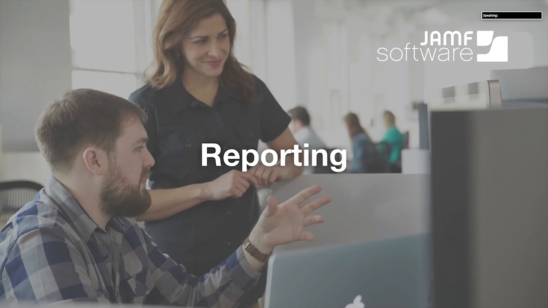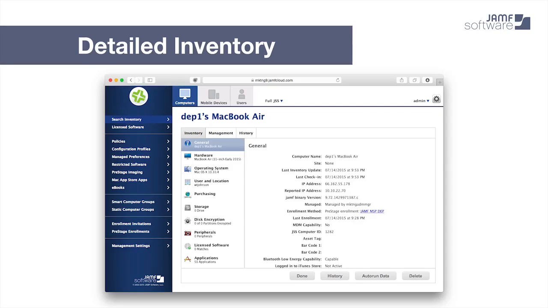Now that you've encrypted your Mac and you're managing your keys, you probably want to start doing some reporting on everything, right? And that's where Casper Suite really shines with reporting. This is a screenshot of one of the reporting tabs where I've got the Mac that we're working on pulled up, and it shows you just a lot of information.